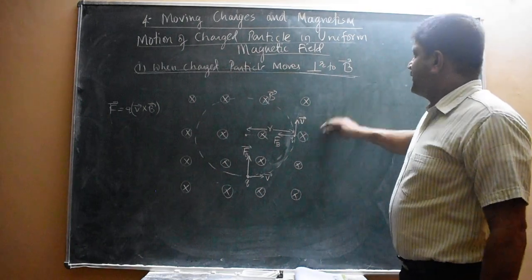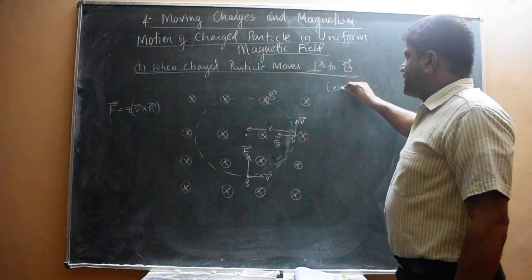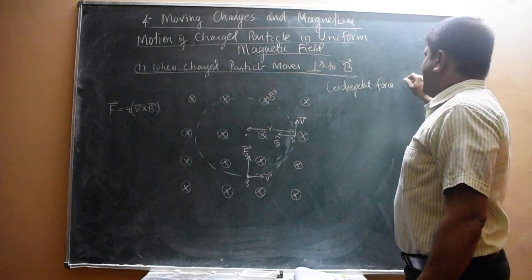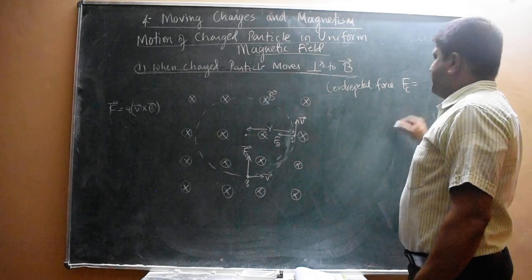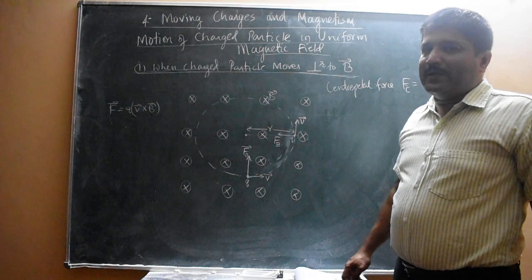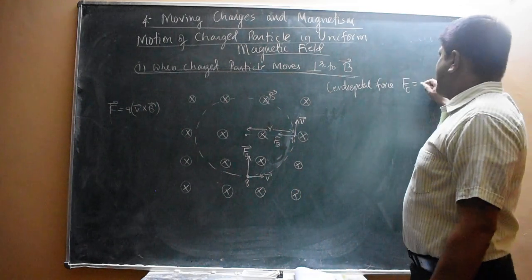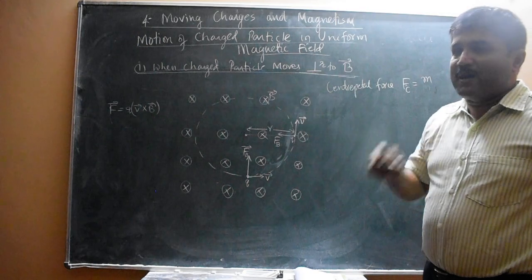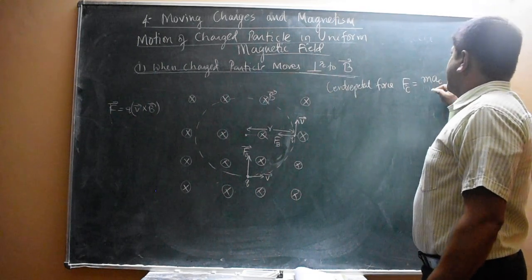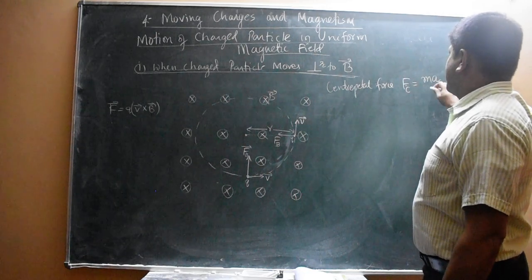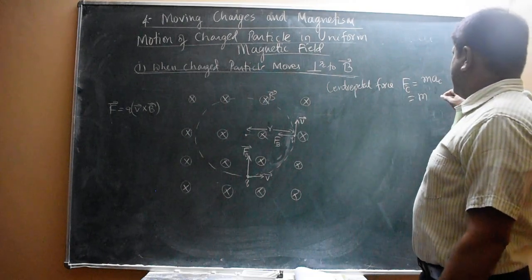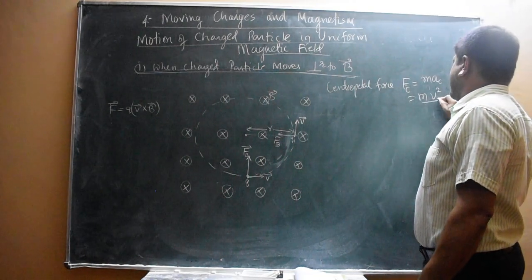So therefore the centripetal force required, we have studied, F_c. If the charged particle has a mass, it may be a proton, it may be an alpha particle or any other particle, it has got a mass. So centripetal force is mass into acceleration. Centripetal acceleration you have studied, a_c, is given by v square divided by r.